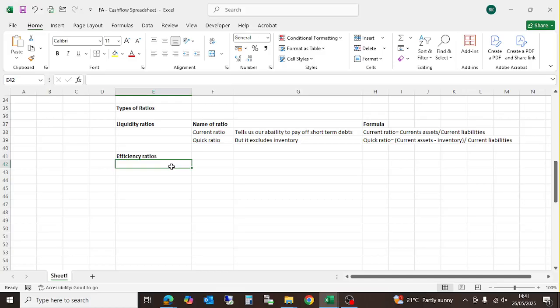Examples of these ratios, we can find inventory turnover, receivables turnover ratio, and we can also find the payables turnover ratio.